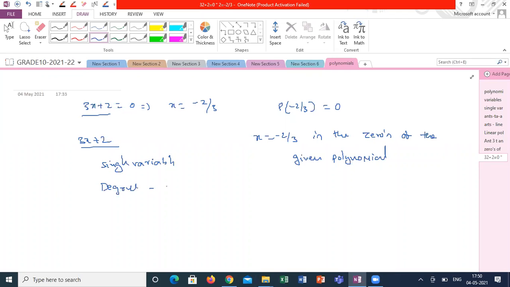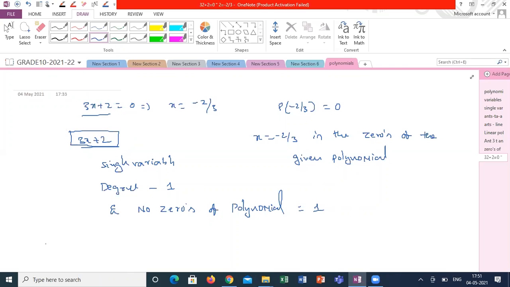And the number of zeros of the polynomial is 1. What does it mean? How is the number of zeros of the polynomial connected to the given expression?